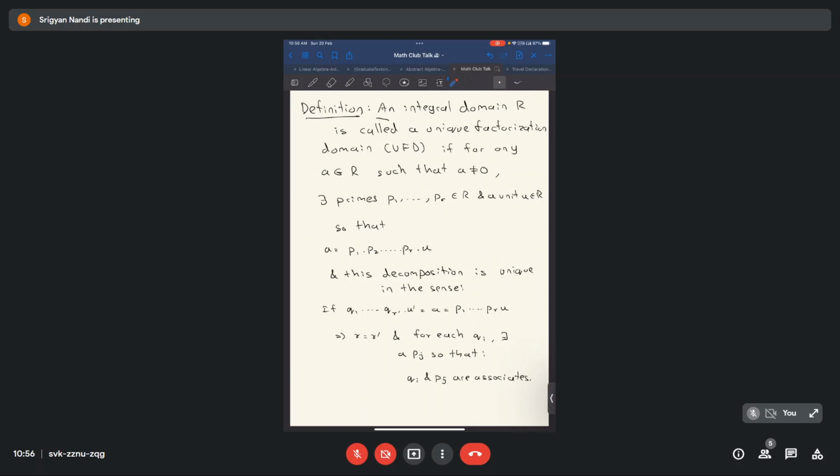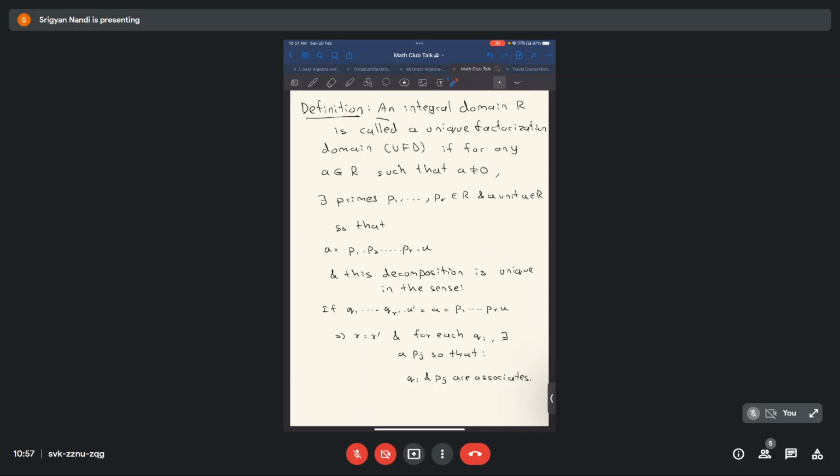And we also have that every Qi is basically the associate of some Pj, meaning every Qi is basically some unit into a Pj. So for every Qi in this decomposition, we can find a Pj such that Qi and Pj are associates. And basically, we can start pairing the primes one by one.